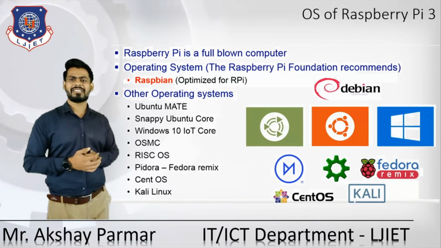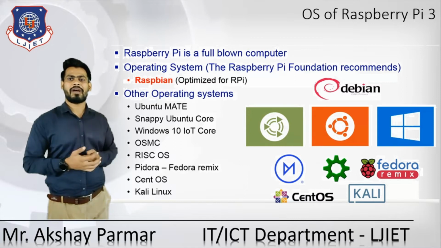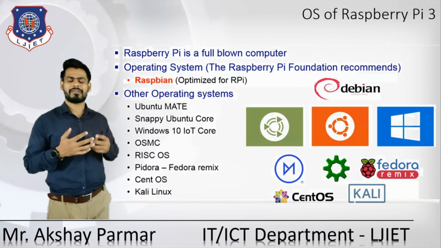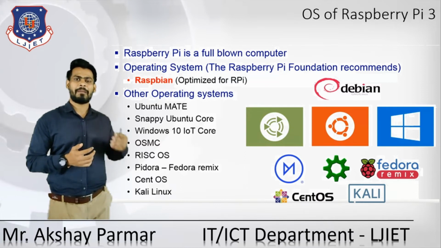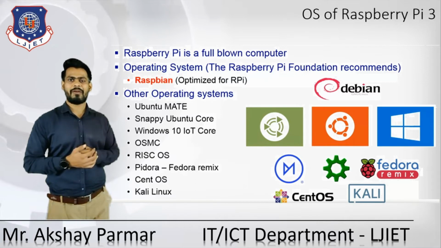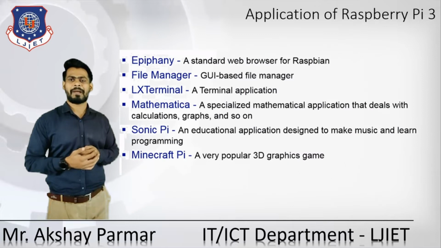Other operating systems you can install on the Raspberry Pi are Ubuntu MATE, Snappy Ubuntu Core, Windows 10 IoT Core, OSMC, RISC OS, Fedora Remix, CentOS, and Kali Linux. The Foundation recommends Raspbian OS for the Raspberry Pi.